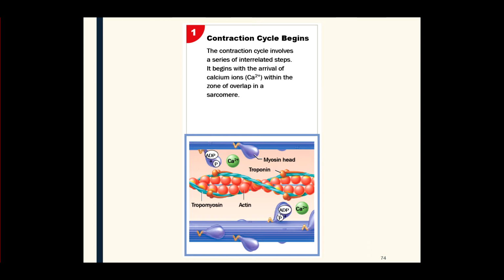When we split ATP into ADP plus phosphate, that releases energy, and that energy was used to put this into the cocked position. Okay, you can see here that calcium now is starting to become present in the sarcomere, in the area of the sarcomere.